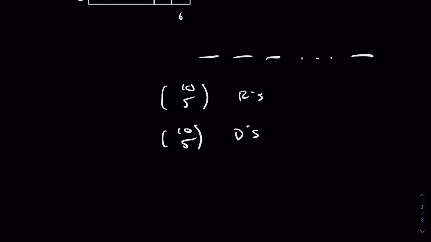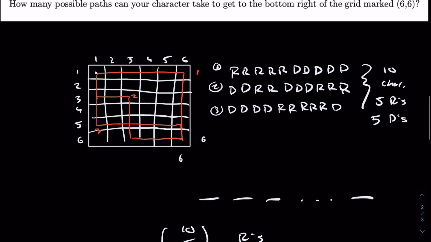And it turns out that these 2 expressions are equal, and they both represent the same quantity, which is the number of ways to get from our start point to our end point.